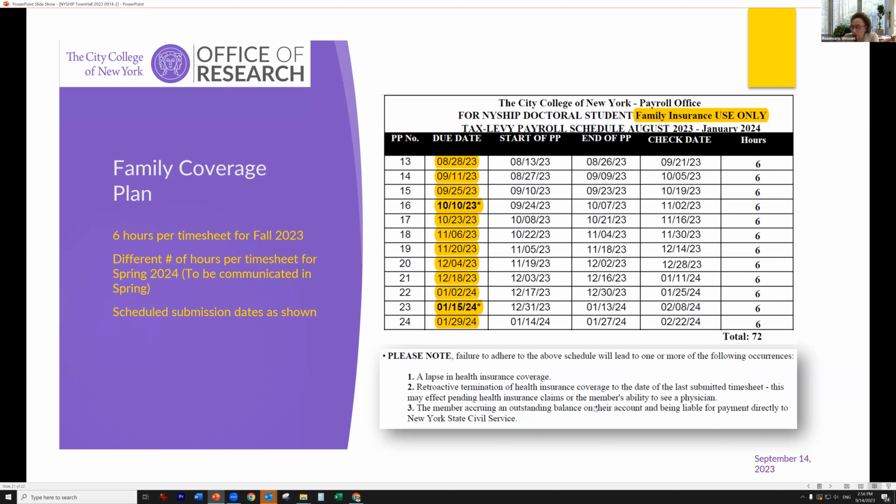My question is to HR: I rarely do this, but if I forget to submit my timesheet, I get a reminder every now and then. Do students receive reminders if they forget to submit timesheets?